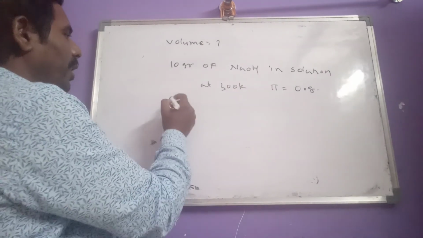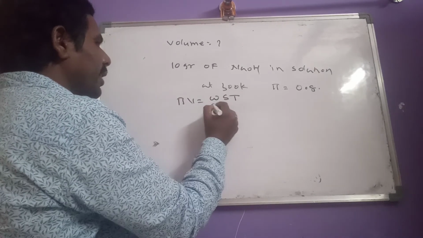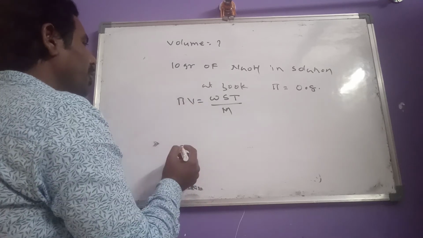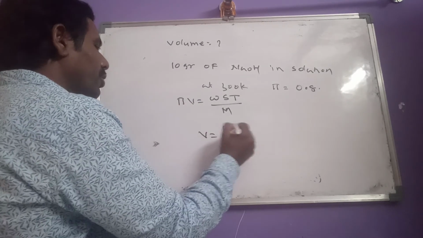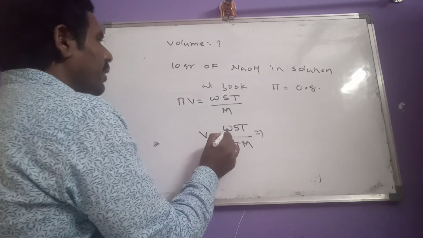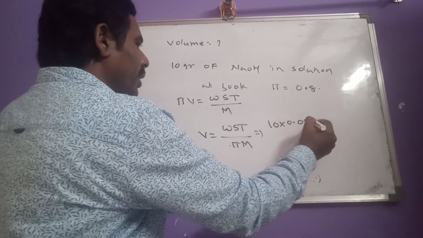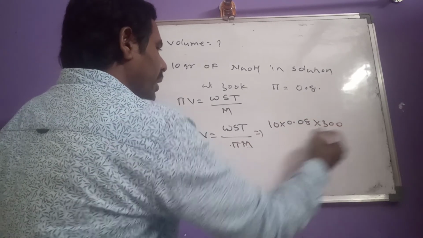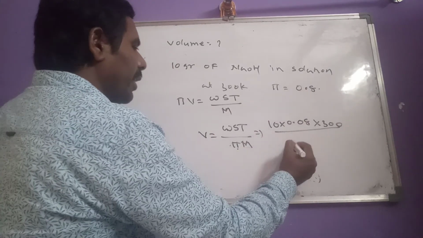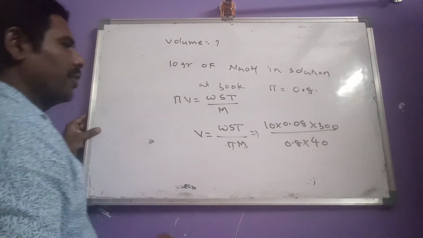So what is the formula we have to use here? Pi V equals to WST by M. Now here we have to determine the volume. Therefore volume equals to WST by pi M. Now what is the weight? We have taken 10 into 0.08 into 300 divided by the osmotic pressure value 0.8 into the molecular weight of NaOH, which is 40.